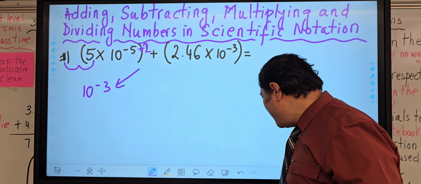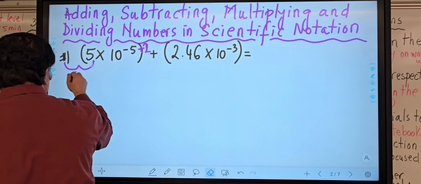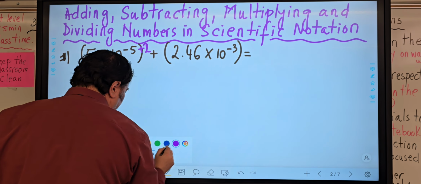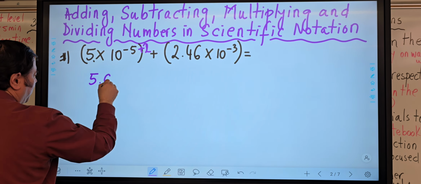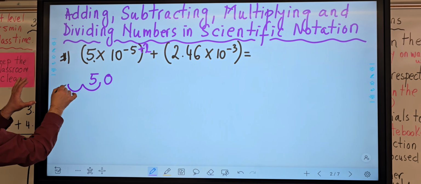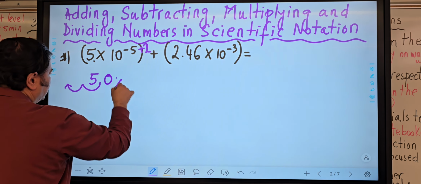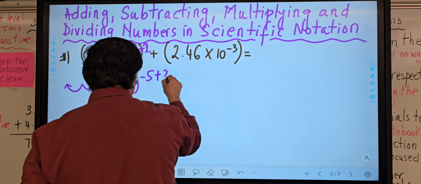Okay, so let's do that. Again, like I said, we are going to change the 5, or 5.0. We are going to move the decimal to the left 2 places, times 10 to the power of negative 5 plus 2.